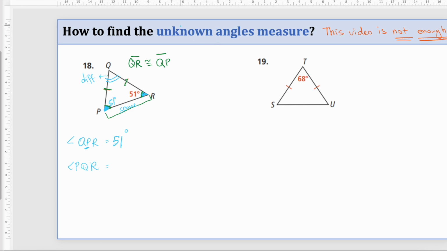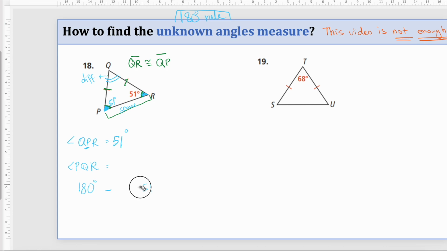To find an unknown measure, we use the 180 rule. If you remember, we took last semester that all angles in a triangle must add up to 180. So 51 plus 51 plus some angle is supposed to be 180. To find that angle, you do 180, which is the sum, minus the 51 and the other 51, which is basically 102.